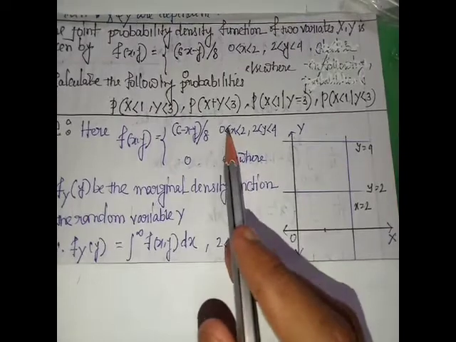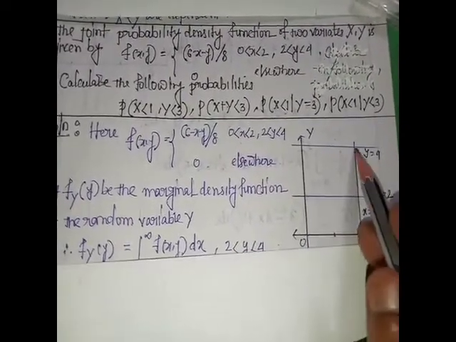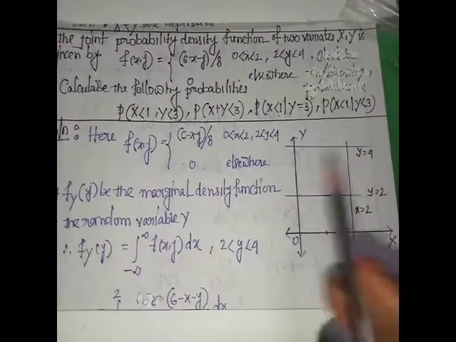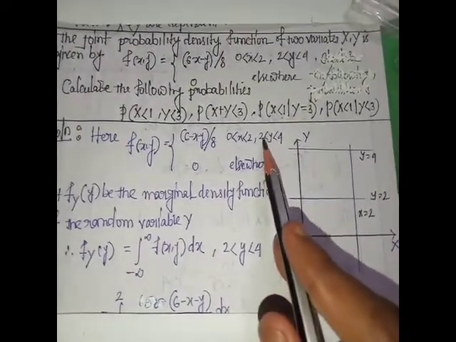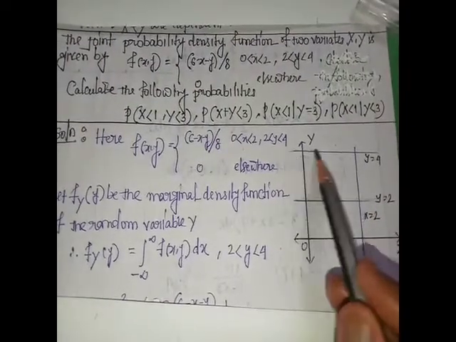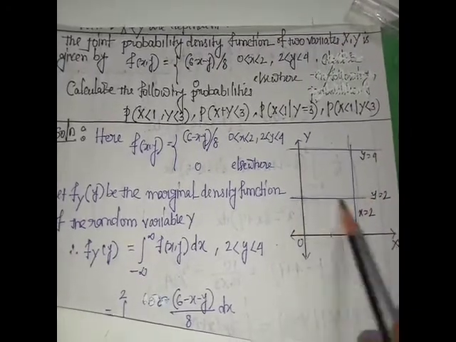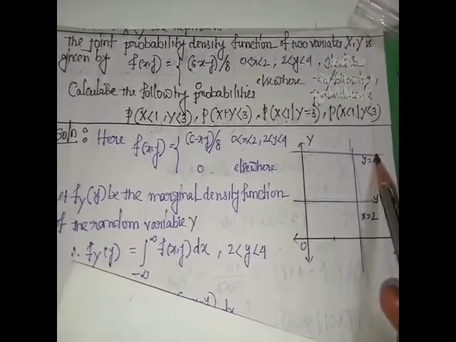The range of x is 0 to 2, so this is 0, this is 2, and this line is x = 2. The range of y is 2 to 4, so this line is y = 2 and this line is y = 4.